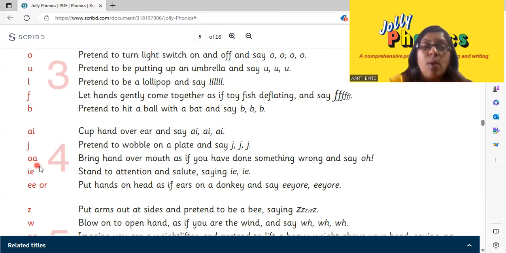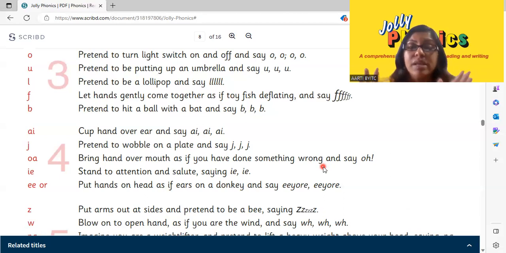When it is O and A, then you have to bring hand over mouth, as if you have done something wrong. Oh my God. And say, oh, oh, right? It is not O-A, it's O. Very simple.